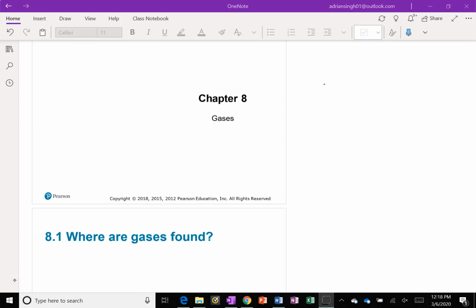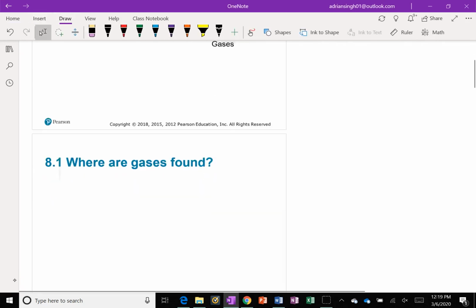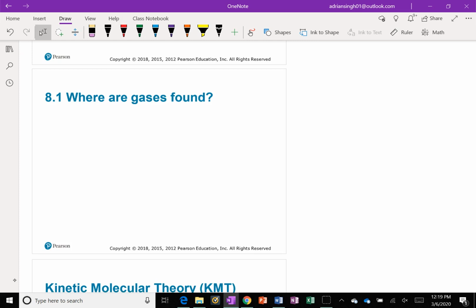Okay, so chapter 8, we're going to be discussing gases. And what we're going to be looking at, first of all, is just generally where gases are found. So typically gases are things that are all around us. For instance, the air around us is made up of a bunch of different gases.